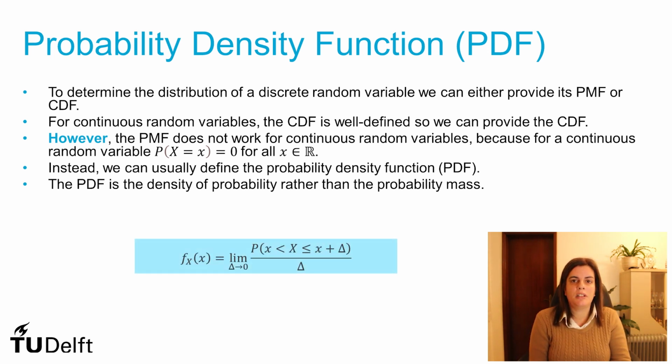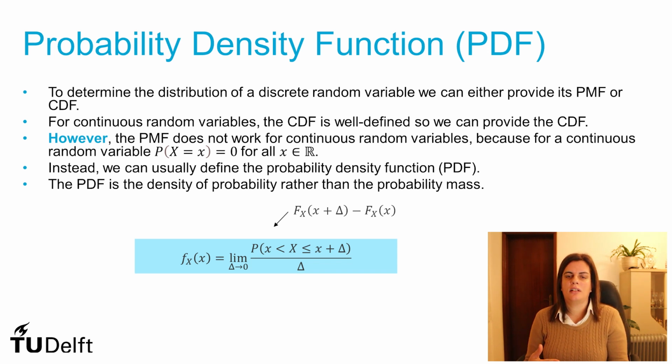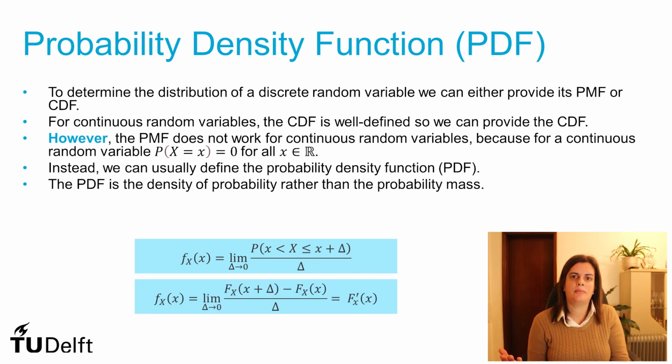In fact, it's the limit of the probability of the random variable being in a very, very small interval around the point of interest over the total length of the interval. Because we know this useful formula, we can apply it, and we get the derivative of the cumulative distribution function. So whenever we want to estimate the probability density function at a certain number, we just calculate the derivative of the cumulative distribution function. Pretty easy, right?